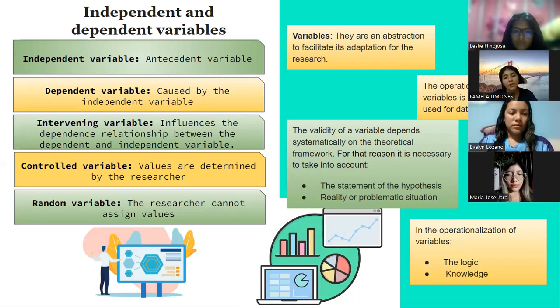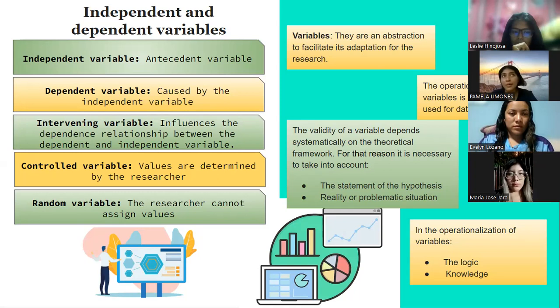Now, also we have the operationalization, which is linked to the data collection. So it's not only that we're going to have variables, but the way that we make it is according to the type of data collection that we're using, the methodologies, and all of that.